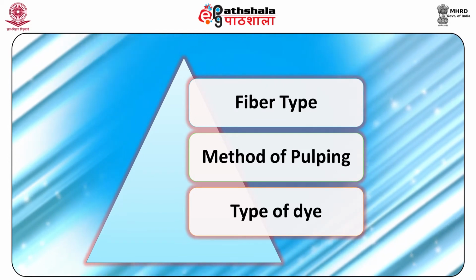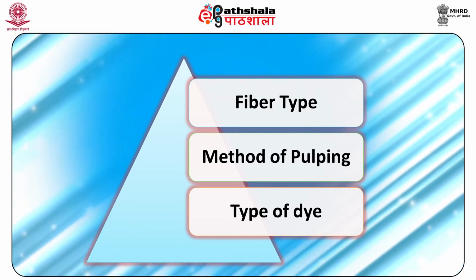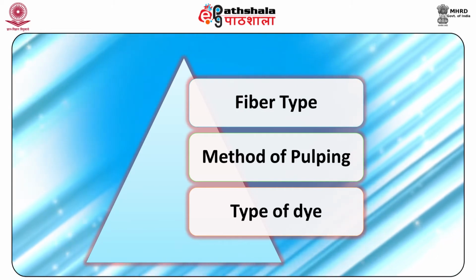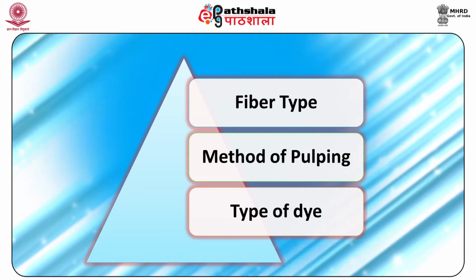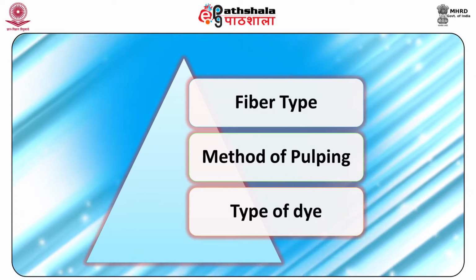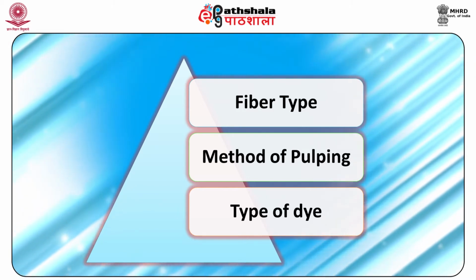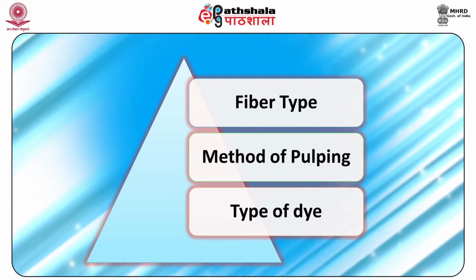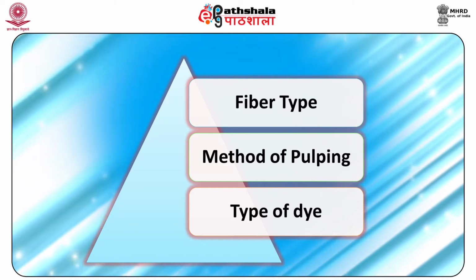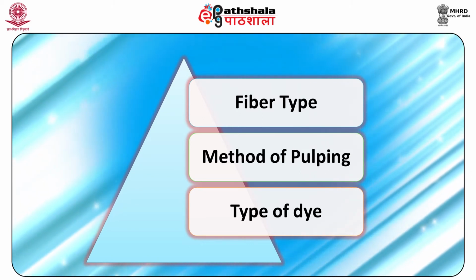The first examination, known as fiber furnish, involves the breakdown of a portion of paper using water or, on occasions, dilute acid or alkali into a pulp in which the individual fibers can be examined microscopically.